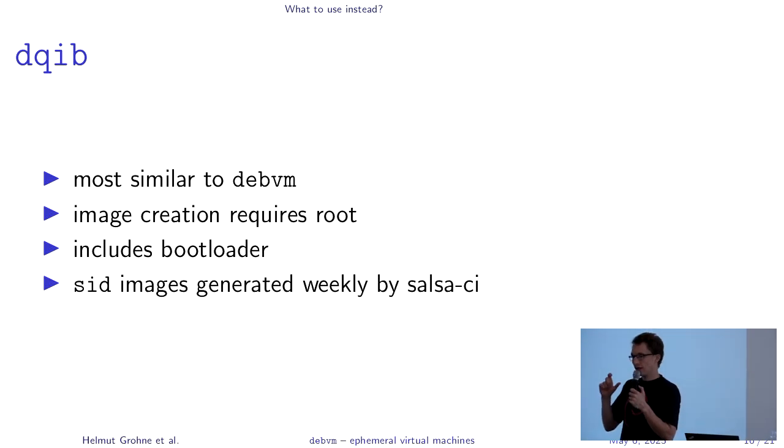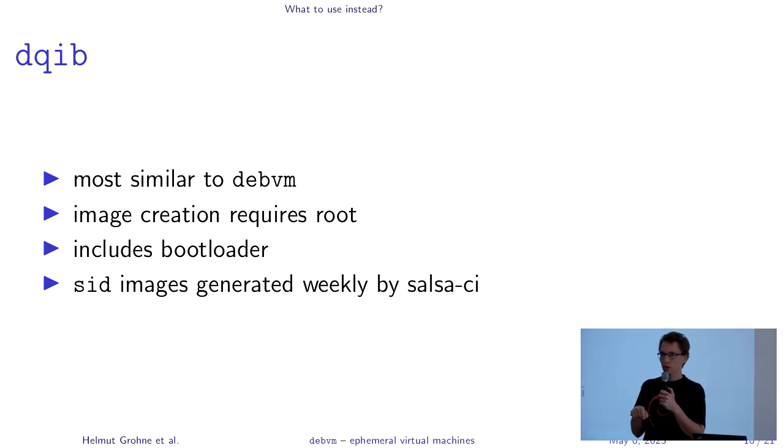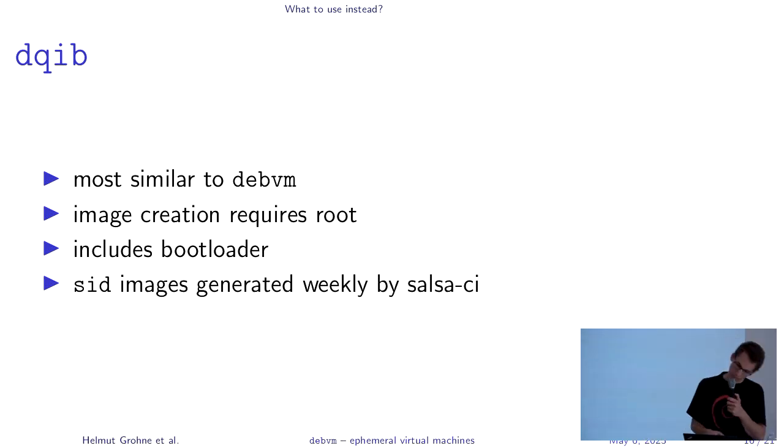The way it is intended to be used is you download these images that are generated weekly on Salsa and run them locally. So you skip the customization step, and in return, you just get a bunch of images readily available. That may be better for some use cases. I didn't like it as much.